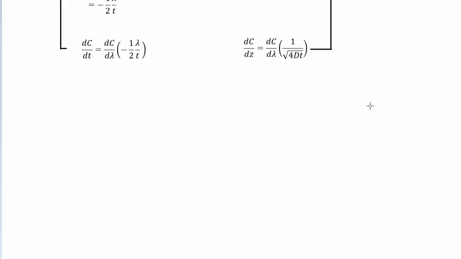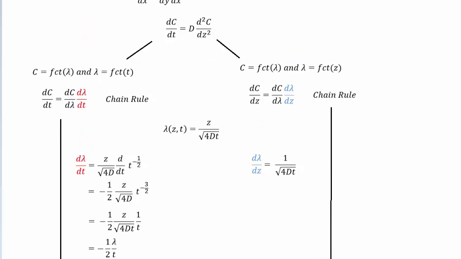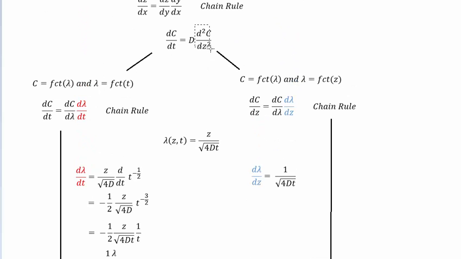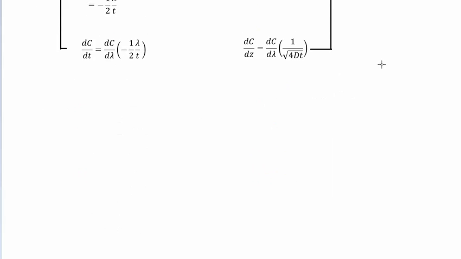Okay, but unfortunately, if you looked back at our original differential equation, this is the second derivative, d squared c dz squared. We only have dc dz, so we need to do a little bit more work on the right hand side of the equation to get that to work out.